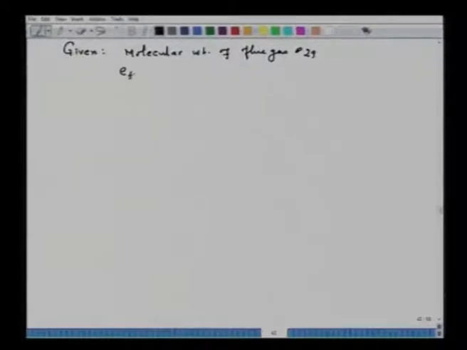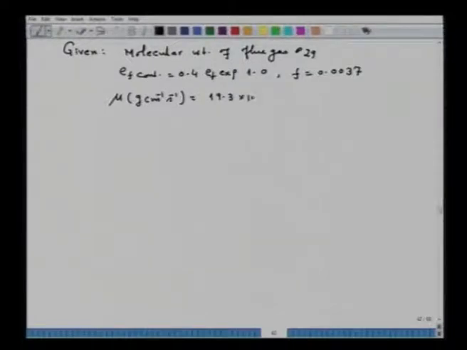Then EF contraction 0.4, EF expansion 1.0, F is given 0.0037, viscosity in gram per centimeter per second can be calculated from this relation 19.3 into 10 to the power minus 7 T raised to the power 0.8, where T is in Kelvin and 1 Newton per meter square, that is equal to 0.02 millimeter of water. So, this is also given to us.